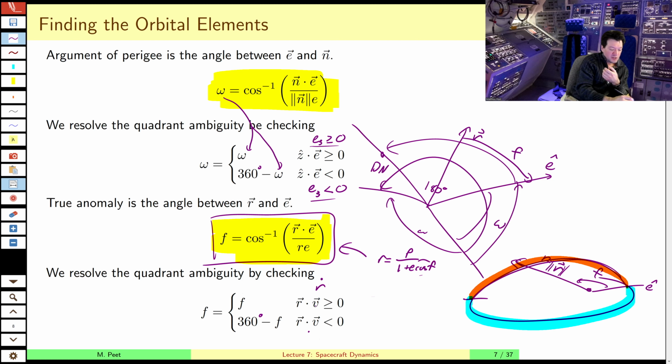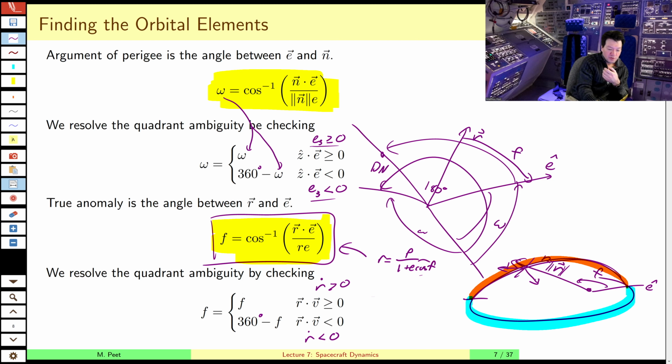So if r dot v, for example, makes an acute angle, we have r dot greater than 0. And if r dot v is less than 0, then we have r dot less than 0. Notice these are not actually equal to each other. We're just measuring that relative angle. So if the velocity vector is pointing that way versus that way, that's what we're looking at.